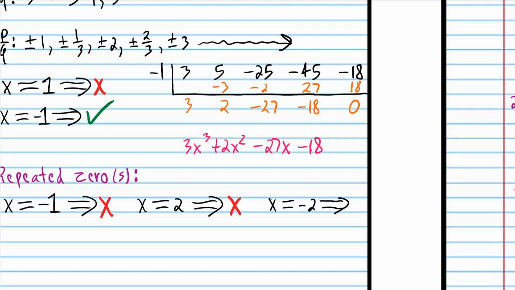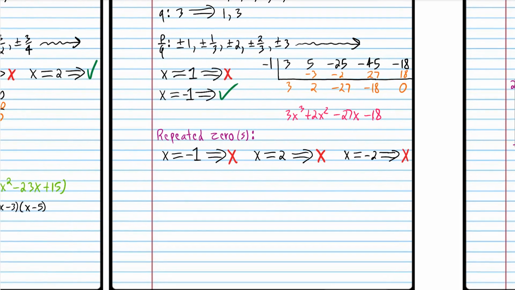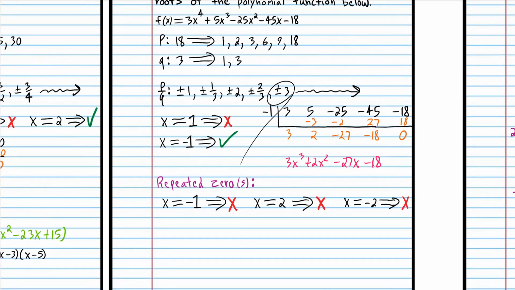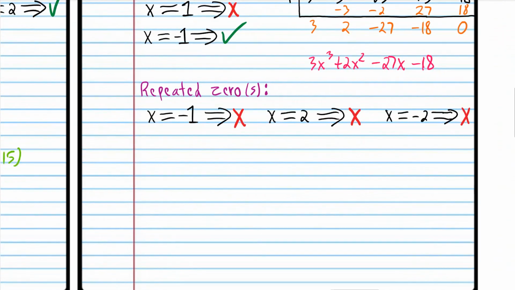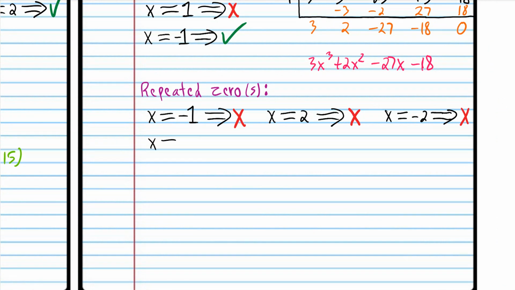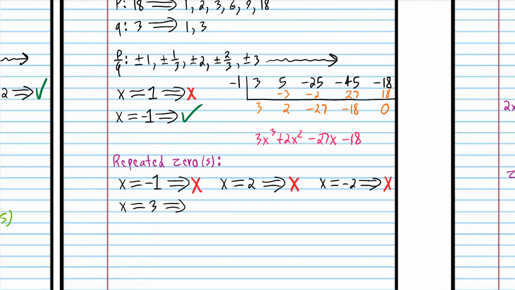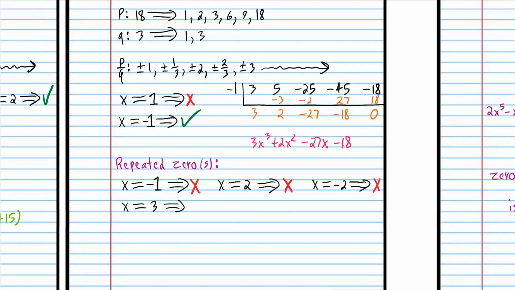So -16 plus 54 equals 38. 38 minus 18 is 20, so that doesn't work either. So if you confirm that, good job. So what else can we try? Let's try 3. So we'll try x is equal to 3. So go ahead and try 3, and when you come back, we'll do it together.